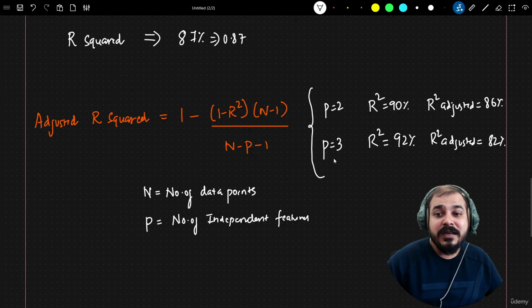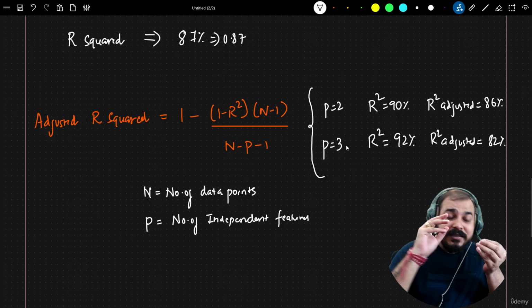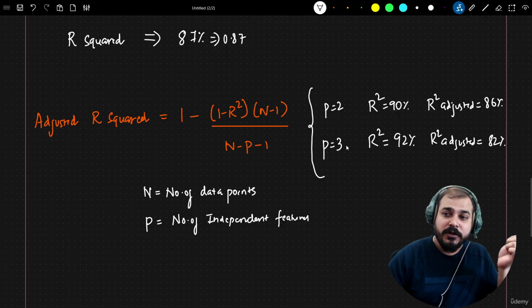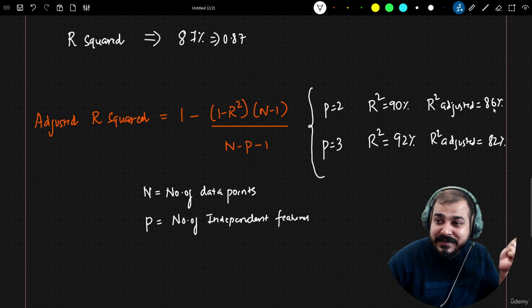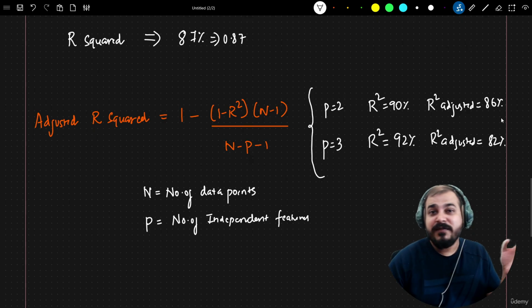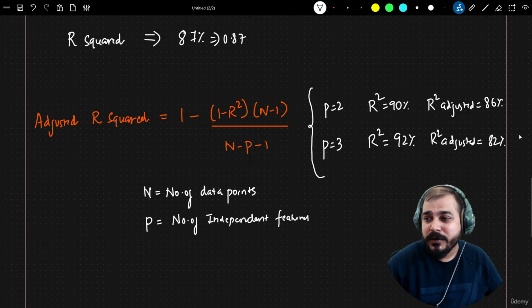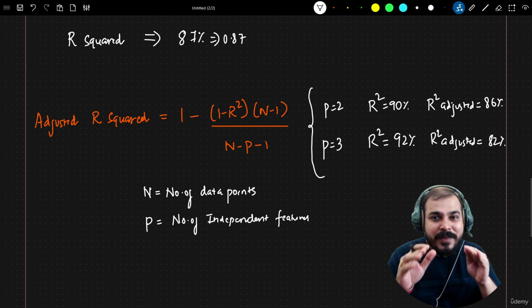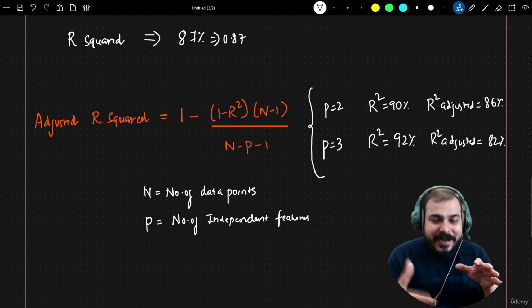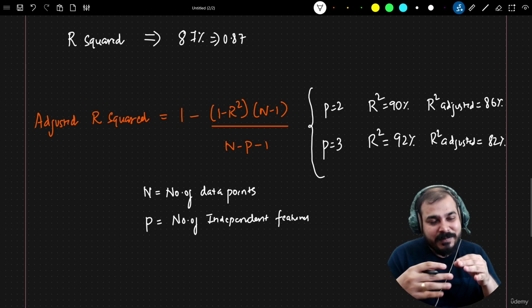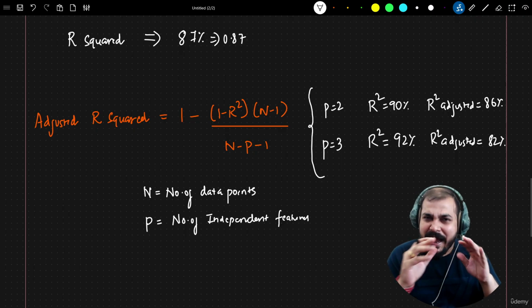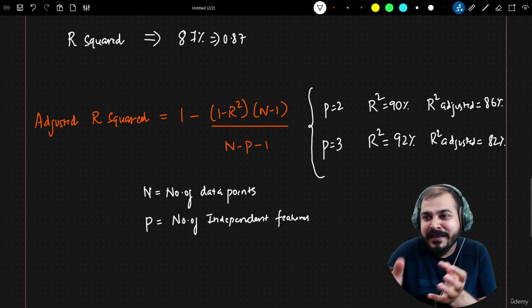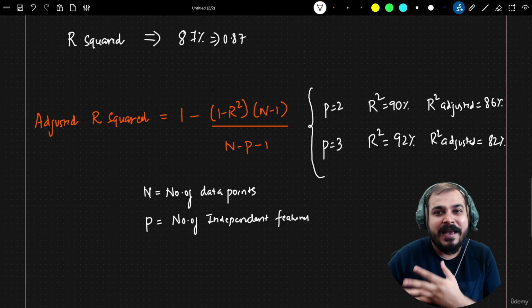Suppose the additional independent feature that I have added is directly proportional to the output feature. Then you will find that the adjusted R square will increase and be greater than this 86%. If it is not at all correlated, then it is going to decrease. These are the assumptions I'm making right now. Later, when I show you the practical, you will be able to find it out. You may be thinking, okay Krish, how did this specific thing happen?